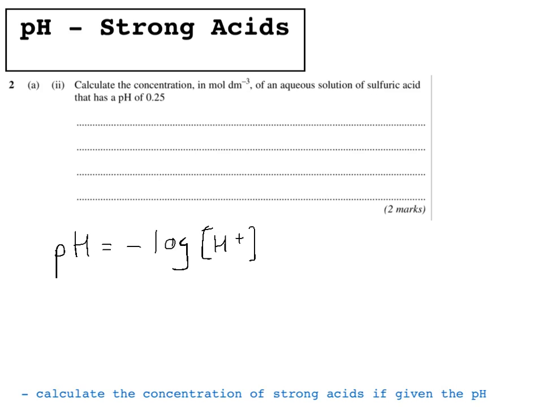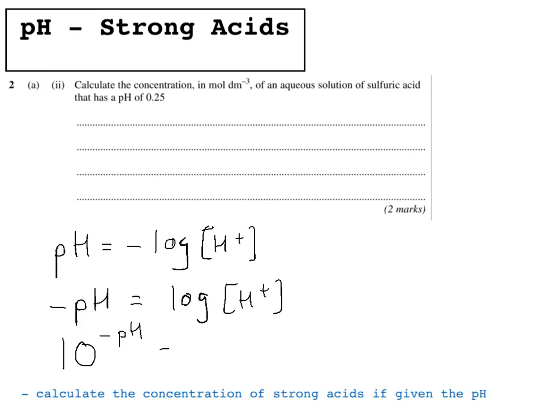First thing we do is we move the minus sign to the other side. So we can say that minus pH equals log of H plus, and then to undo a log, to leave H plus by itself, we do 10 to the power of both sides. That means we'll end up with 10 to the minus pH equals the concentration of H plus.